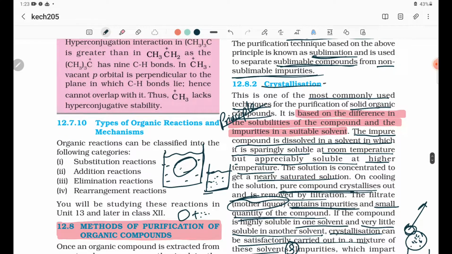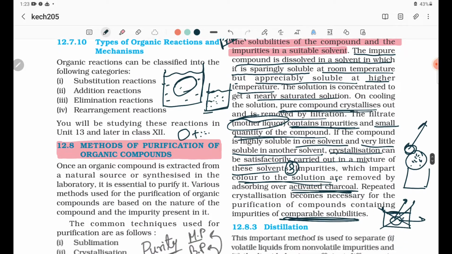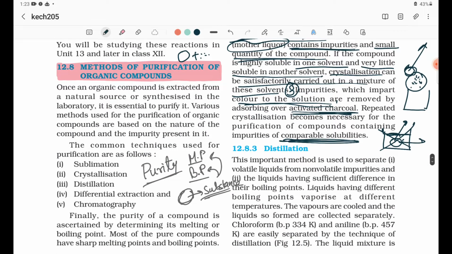Second type, we are applying for normal organic compounds, not sublimable ones, but solid organic compounds. Crystallization, we are talking about for solid organic compounds. Third type, distillation.